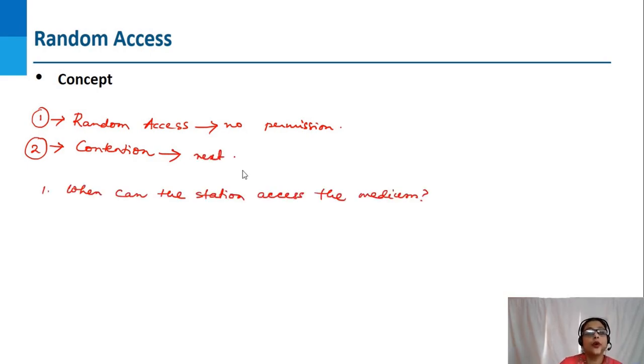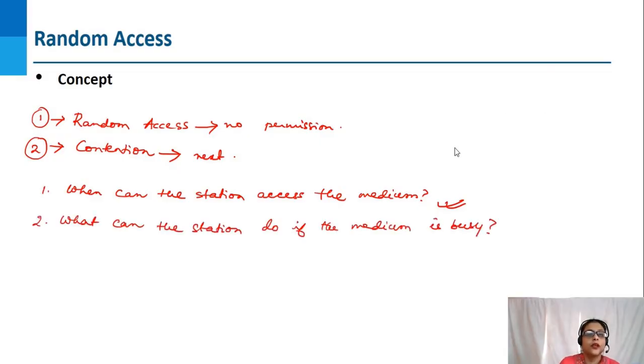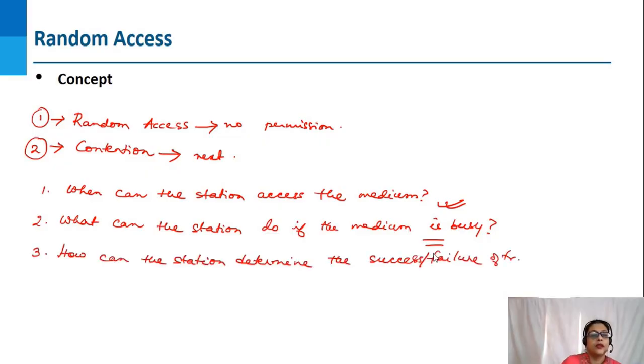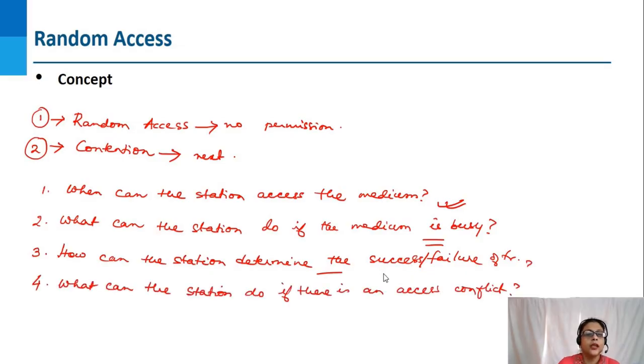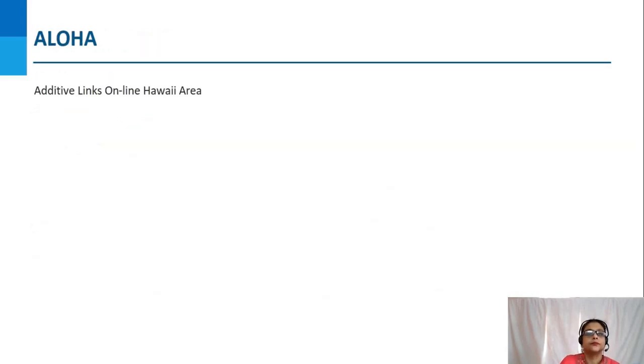Now there are certain questions that must be asked. When can the station access the medium? That must be defined in the protocol. What can the station do if the medium is busy? Number 3, how can the station determine the success or the failure of transmission? Number 4, what can the station do if there is an access conflict or there is a collision? Let us understand the protocols one by one.